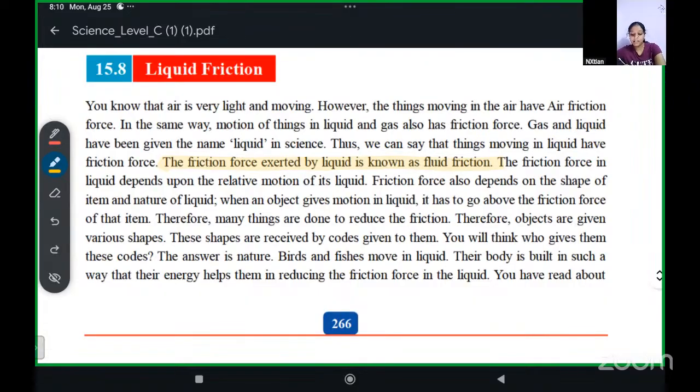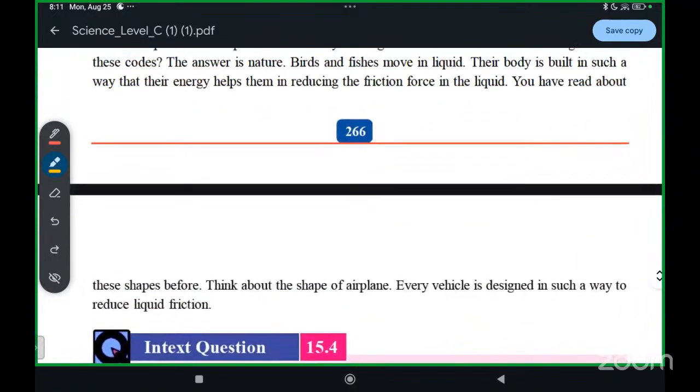Therefore, many things are done to reduce the friction. Objects are given various shapes. You will think, who gives them these shapes? The answer is nature. Birds and fishes move in fluids, and their bodies are built in such a way that they help in reducing the friction force in the liquid. You have read about these shapes before.